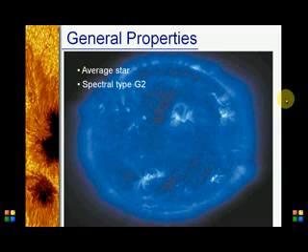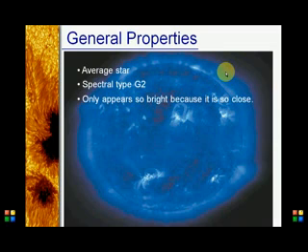There are some general properties of our Sun. The Sun is an average star, its spectral type is G2, and we will discuss what a G2 is, the spectral types. We will know what spectral types are and how we can identify them.